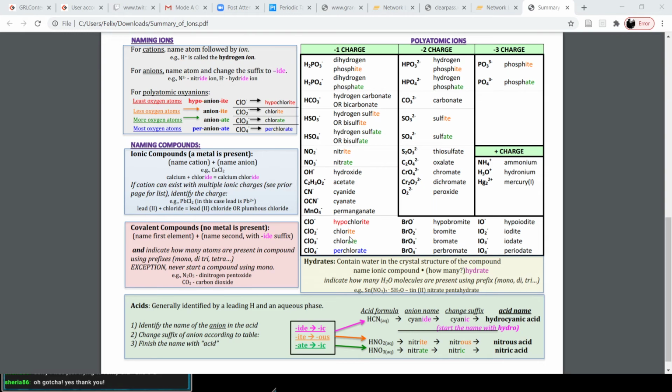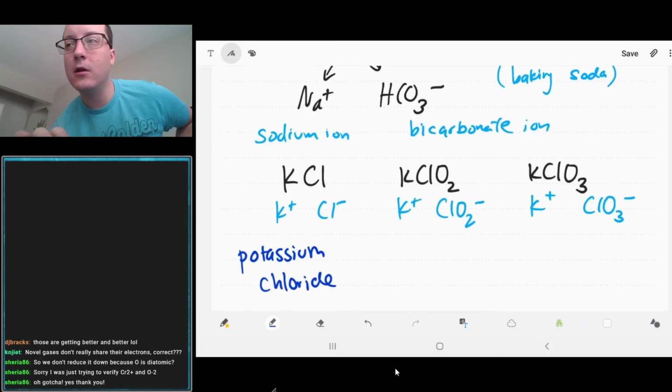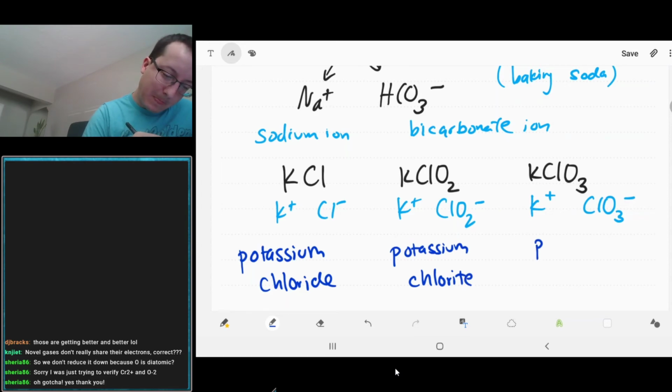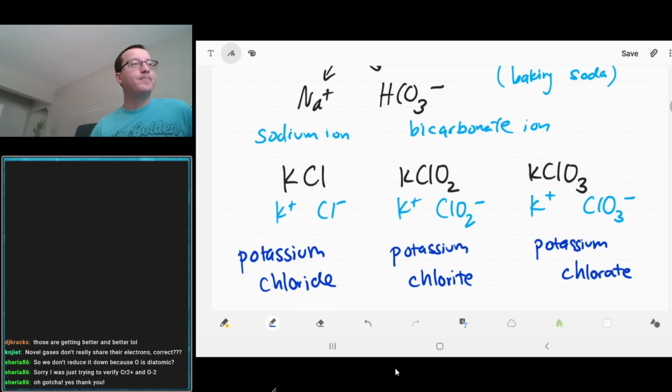ClO2 minus is called chlorite, and ClO3 minus is called chlorate. And so this must be potassium chlorite, potassium chlorate. Again, for ionic compounds, we just put the two names of the ions. That's it.